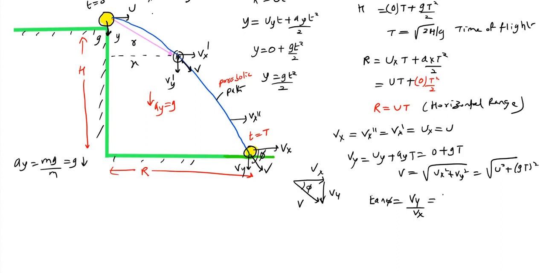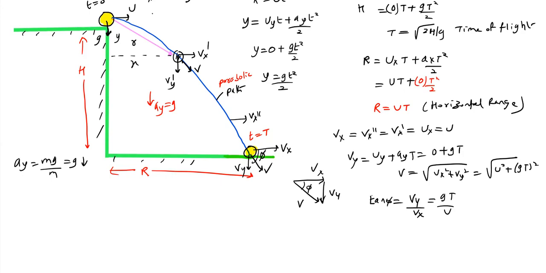So what is tan phi? Vy will be gt and Vx is u. Like this, we'll get the angle made by the velocity vector just before the ball strikes the ground.